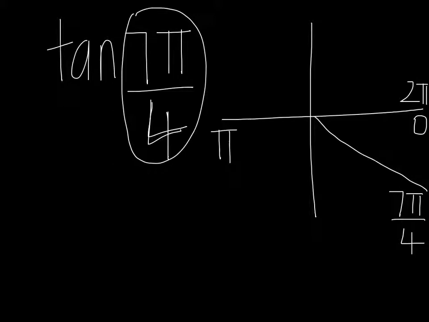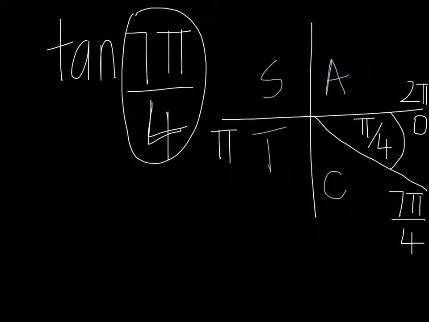And we know it is short of 2 pi by pi on 4. Mark in our cast rule. And we can see in this quadrant here, quadrant 4, that tan is going to be negative because cos is the only one that's positive in that quadrant.